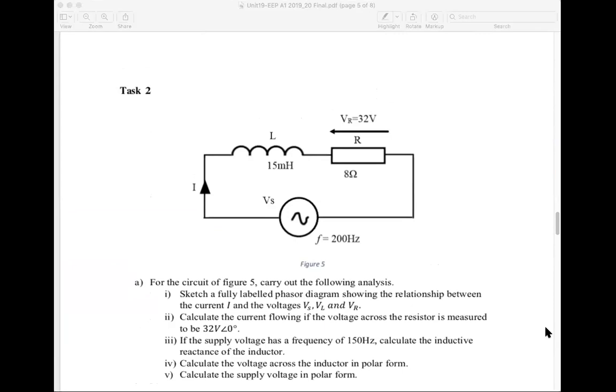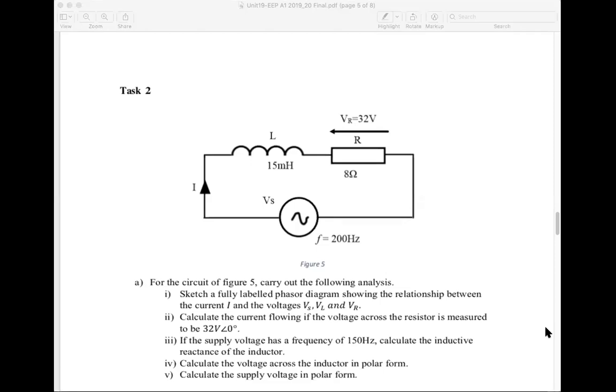Part one, so A1 is sketch a fully labeled phasor diagram showing the relationship between the current I and the three voltages Vs, which is the supply voltage, VL, which is the voltage across the inductor, and VR, which would be the voltage across the resistor.